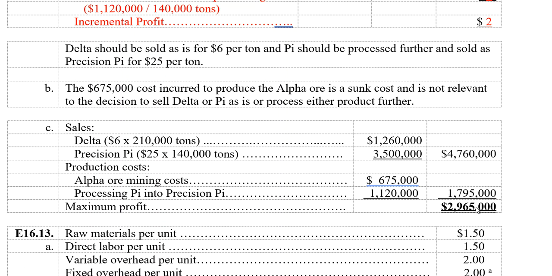If you wash that cost out, you've got basically a gross profit type number here, a maximum profit of 2,965,000 based on your decision to sell a highly processed item, but not sell a highly processed other item.